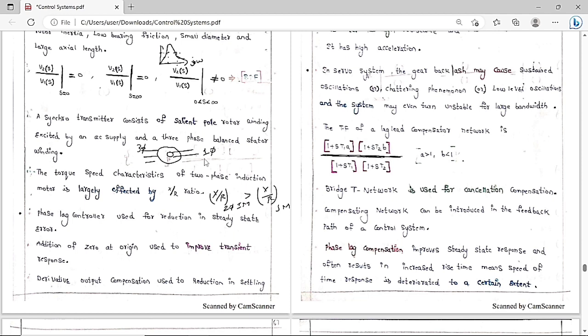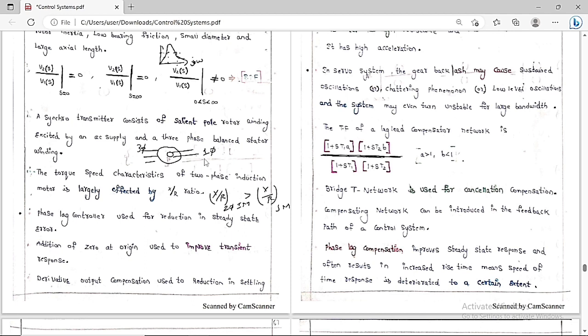The next point is, phase lag compensator controller used for reduction in the steady state error. I have already told you, because a lag compensator is basically used to improve the steady state characteristics, means it is going to reduce the steady state error. Whereas an additional zero at origin is used to improve the transient response. Additional zero means we can say it is a PD compensator, because D means derivative, so you are going to get zero terms.